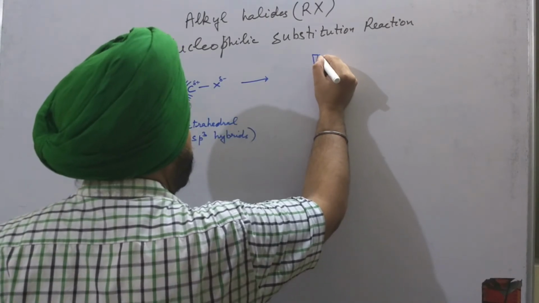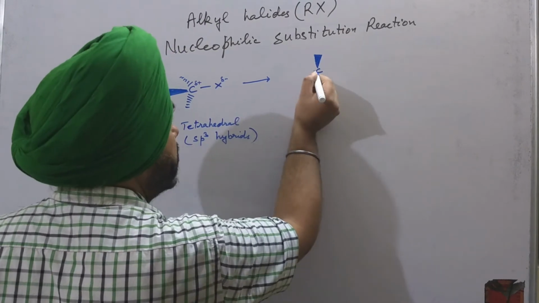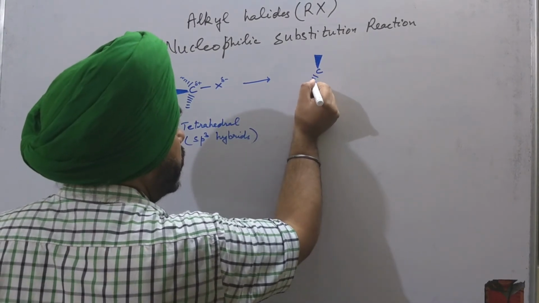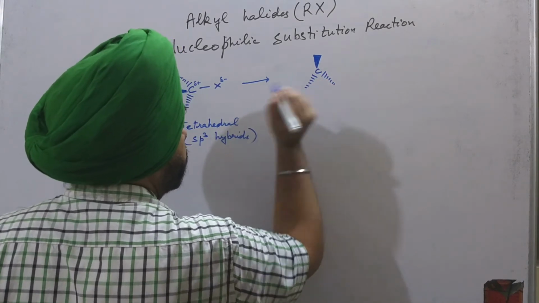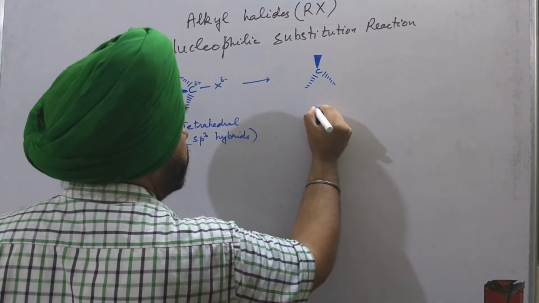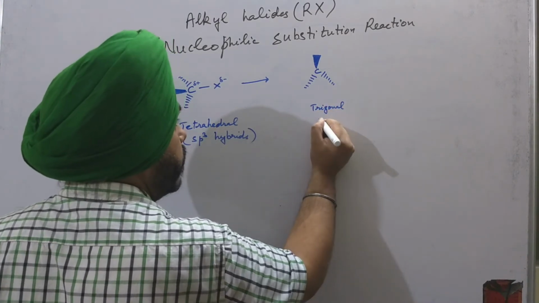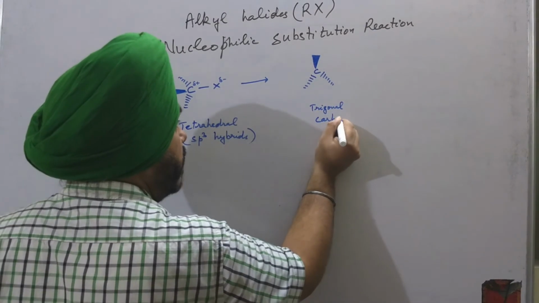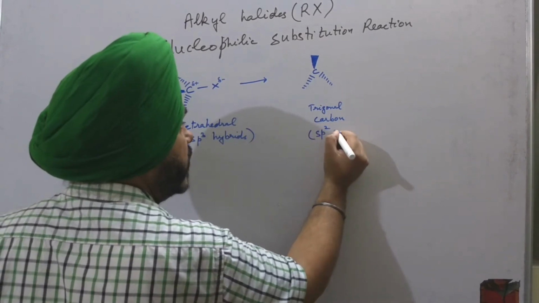This carbon atom undergoes some configurational changes, meaning the atoms around it change their angles. So it becomes a trigonal carbon. Trigonal carbon is sp2 hybridized with 120-degree angles.